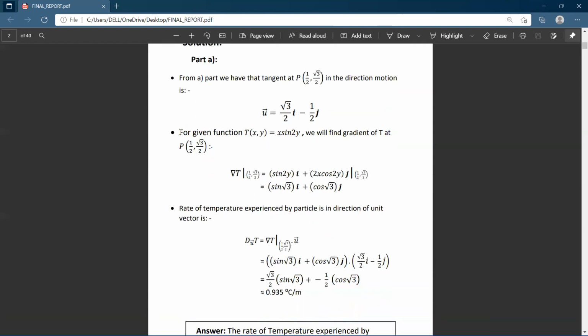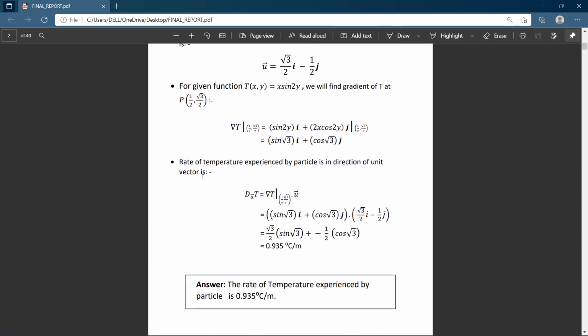After that, for the given function T of x, y, we have to find the gradient of T at the point 1 by 2 comma 3 by 2. So here I find the gradient of T and substitute the point value, and I obtain this vector: sin root 3 i cap plus cos root 3 j cap.